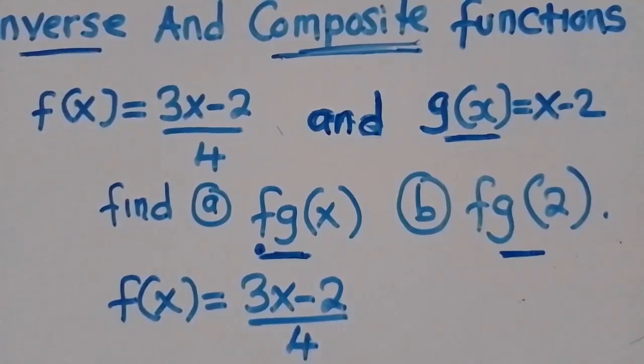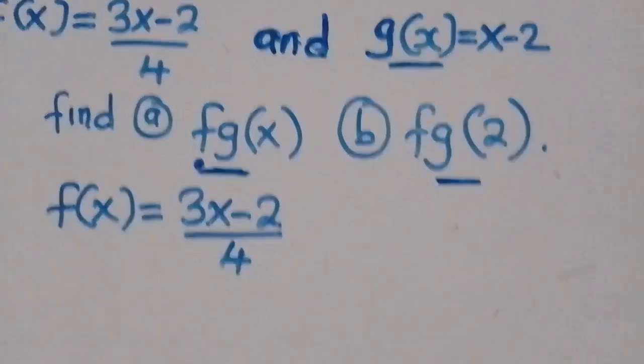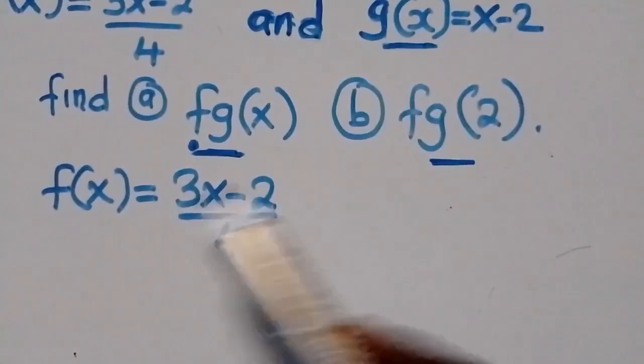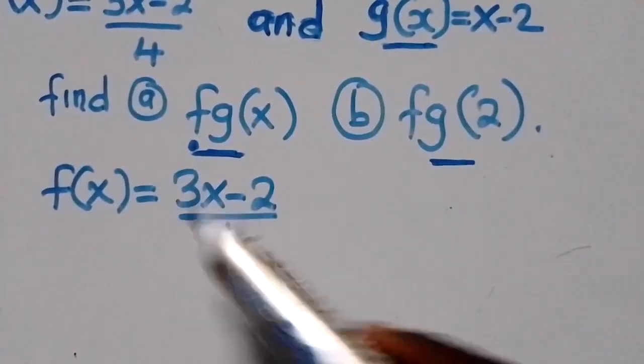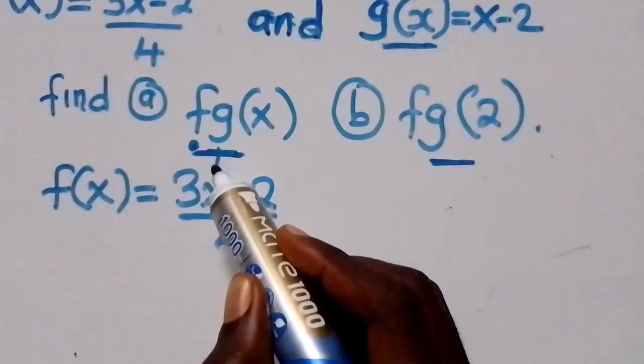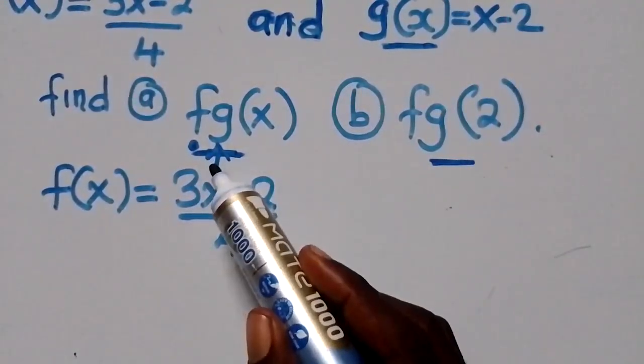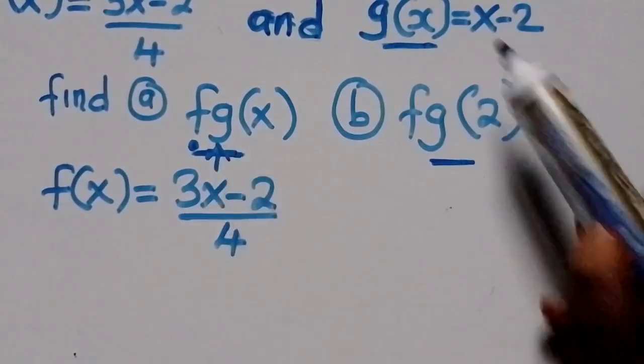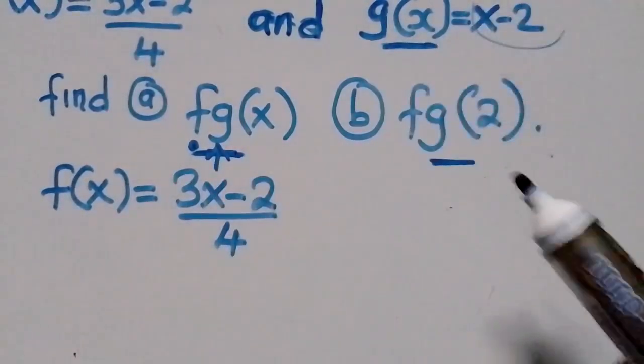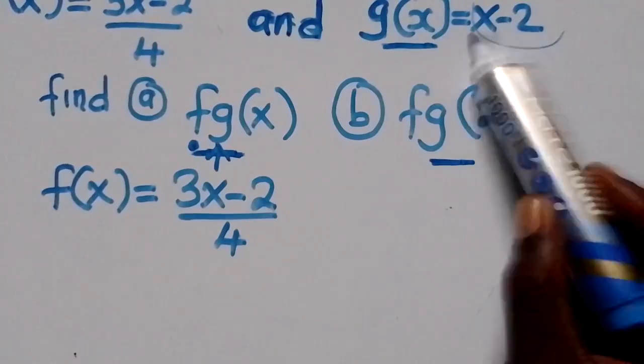This is what you are given. That is the function f. Then they want you to combine it with g. G of x is just x minus 2.